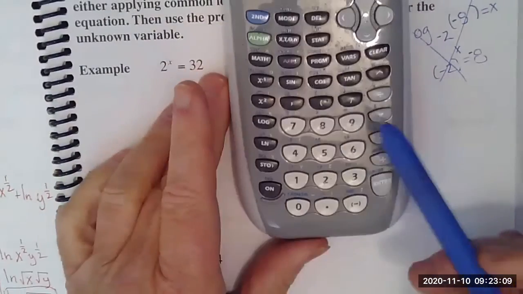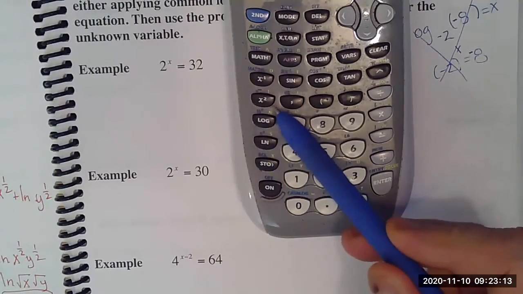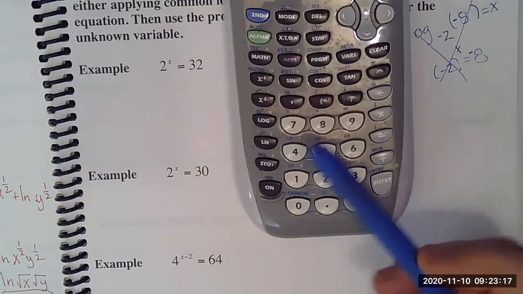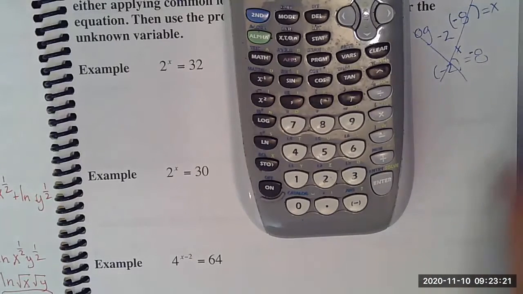So log base E is this one here, and log base 10 is that one there. And if you don't have either one of those special numbers, then you'd have to go into your calculator or use a change of base. I think one of our students in this class has an 83, and I taught them how to do the change of base formula. I think there was only one person.